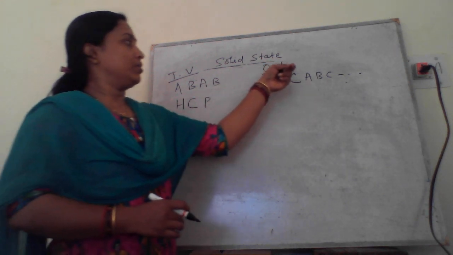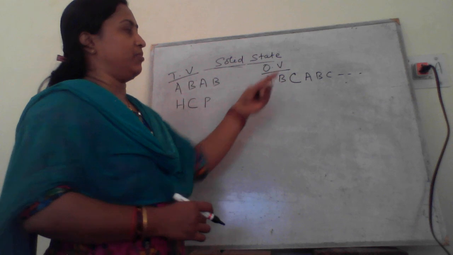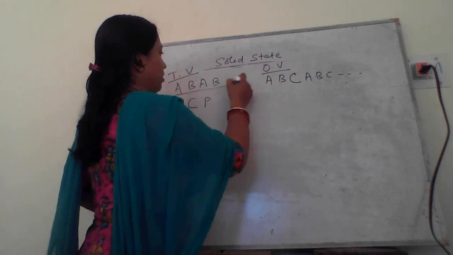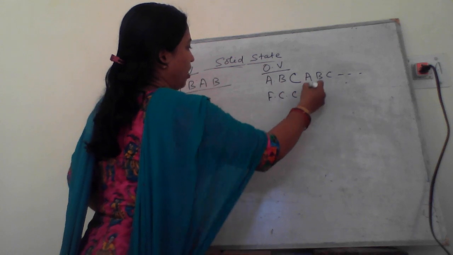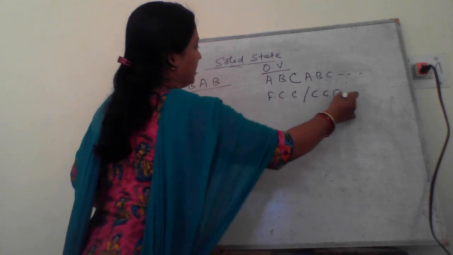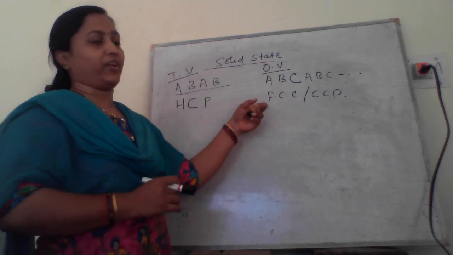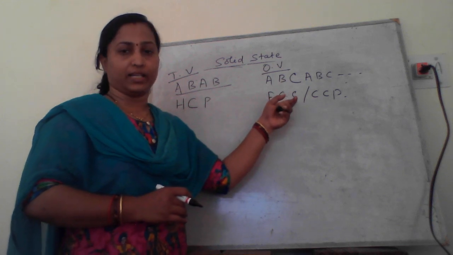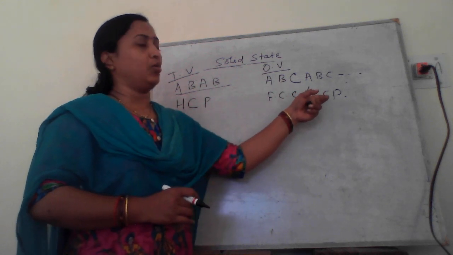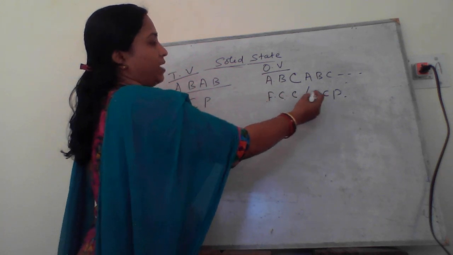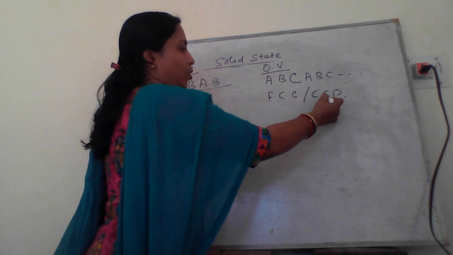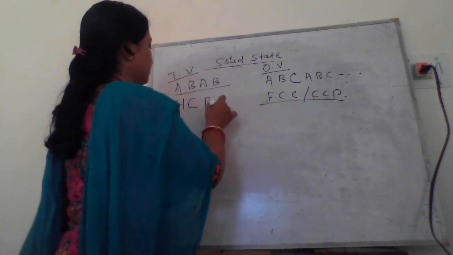But when we cover the octahedral void, the structure obtained is your FCC or CCP arrangement. So FCC, that is your face centered cubic arrangement, or cubic close packing arrangement.